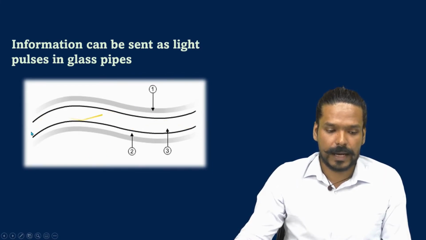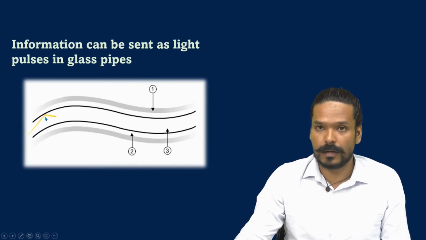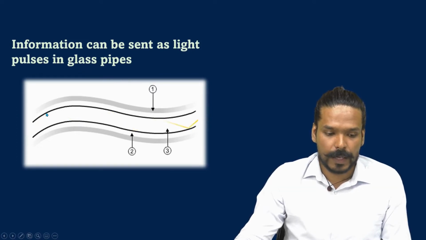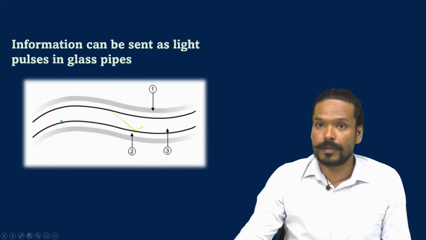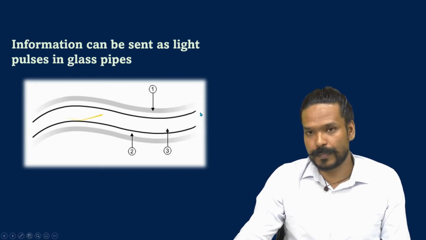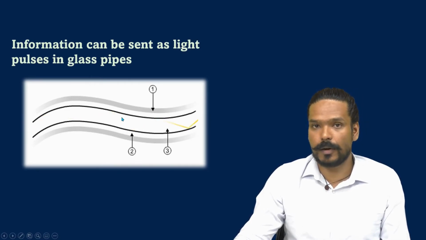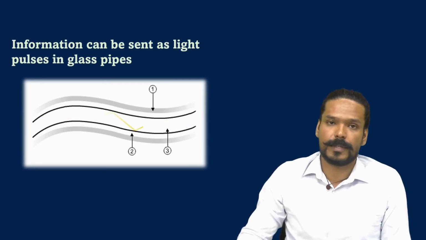So when the light beam enters this optical fiber or transparent tube, because it is surrounded by a rarer medium, it will undergo total internal reflection multiple times within the tube, and it can come out from the other end. So this is the idea behind transmitting data or information in the form of light with the help of optical fibers.